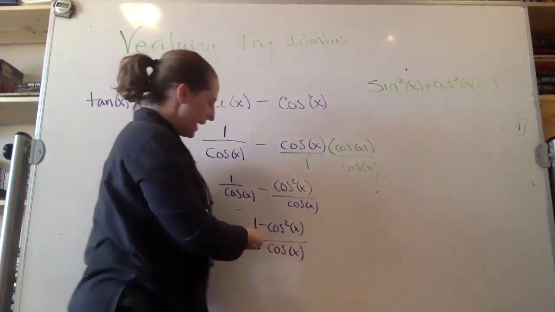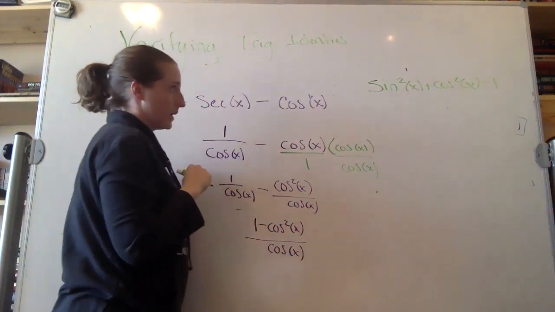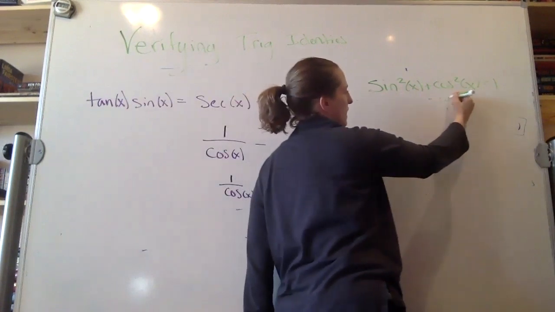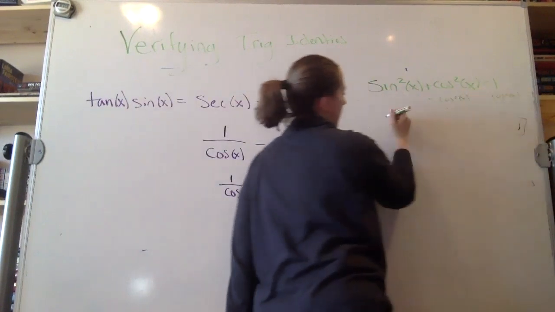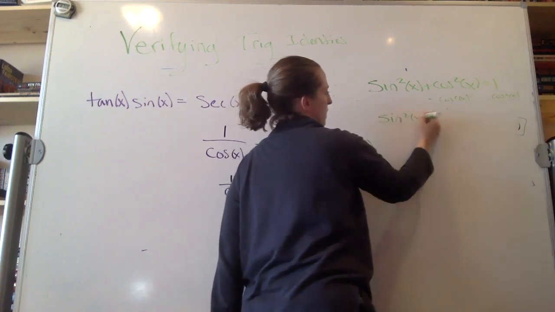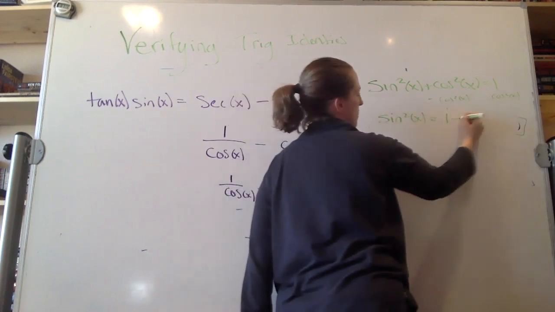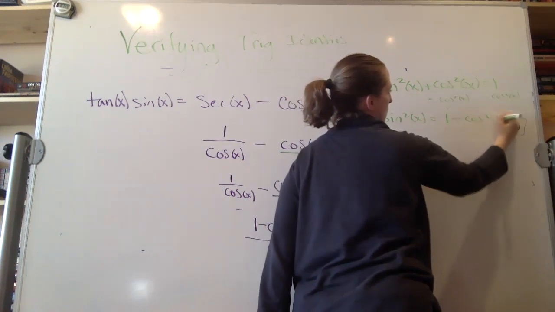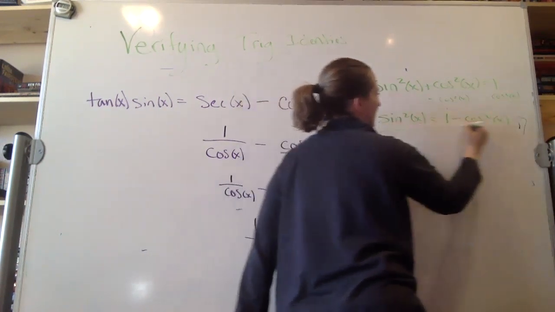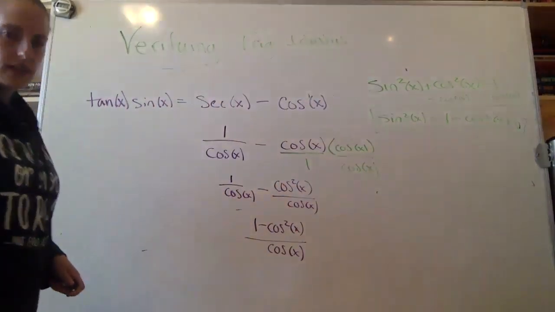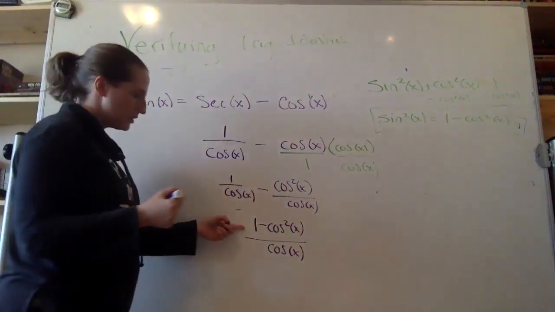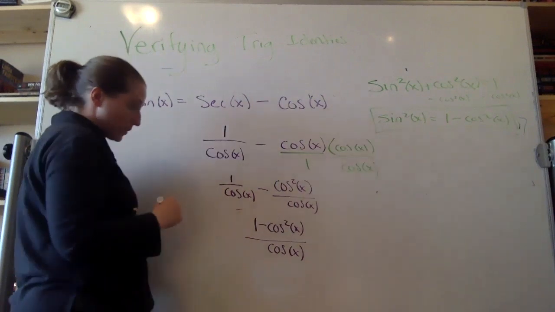What I have is 1 minus cosine squared. But if I subtract cosine squared from both sides, I get sine squared equals 1 minus cosine squared, which means I can use this version of that Pythagorean identity to substitute 1 minus cosine squared becomes sine squared.